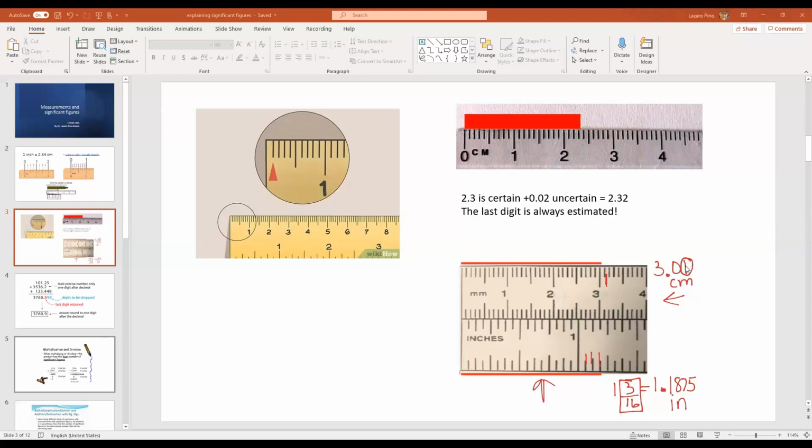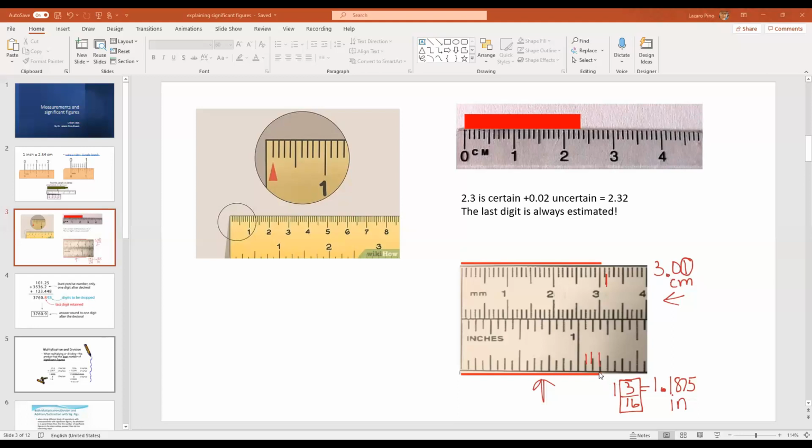In this case, I will say 1, but you can say 2 because it depends on the one that is doing the estimation. Then the answer for this line is 3.01. Every time you are using a ruler in centimeters, you have to report 2 digits after the dot.